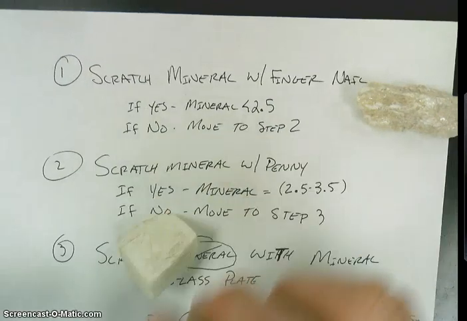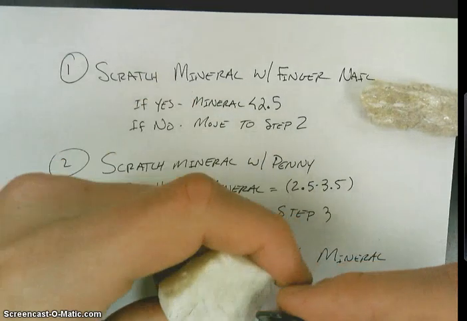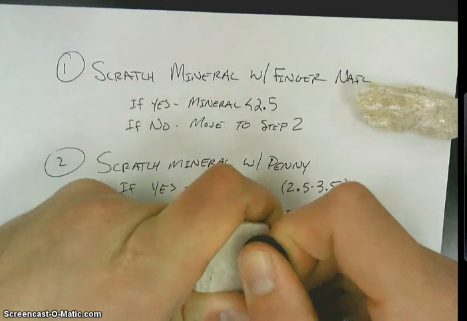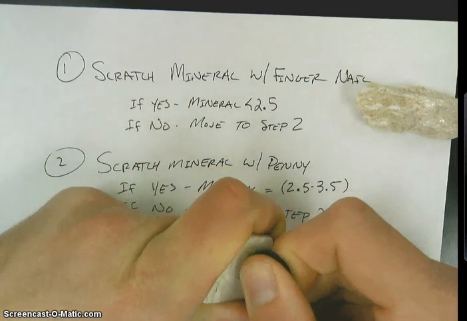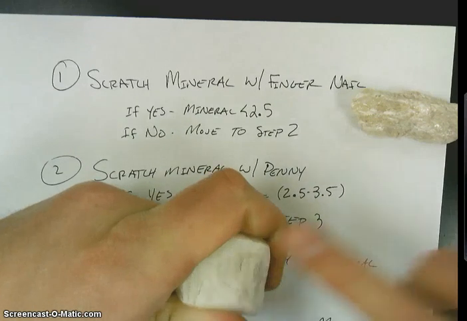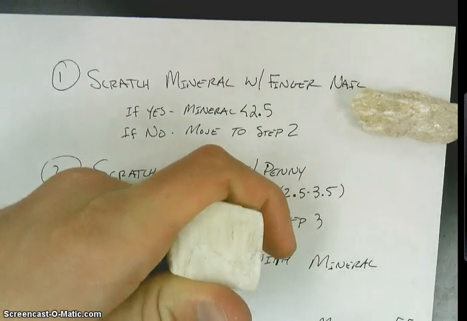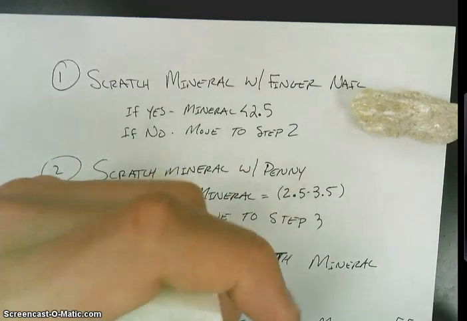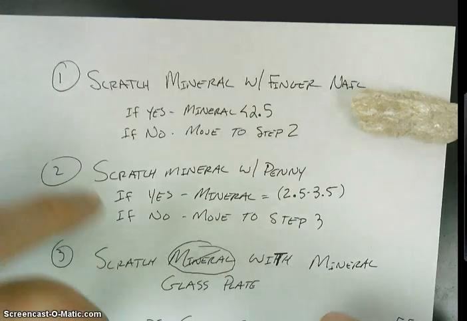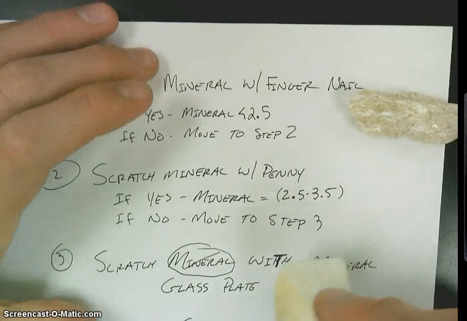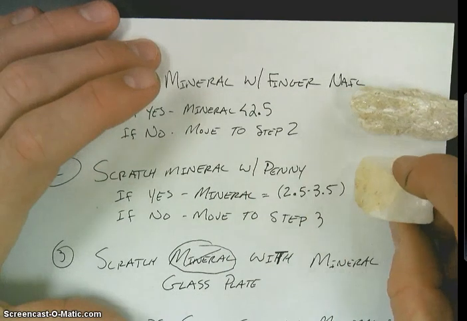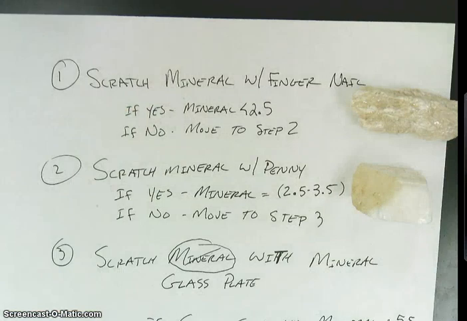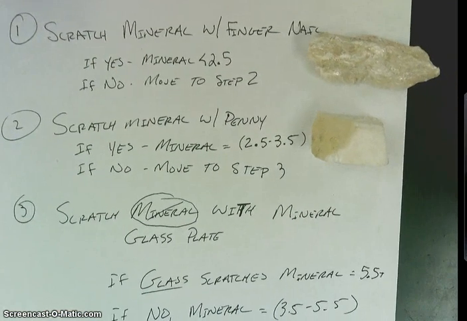So I'm going to scratch it with my penny, and as I do this, I can feel the copper penny digging in and scratching the surface, and you can see some scratches that I left in it. I know that my penny scratched this, which means this mineral is 2.5 to 3.5.